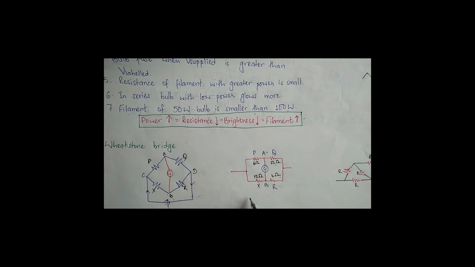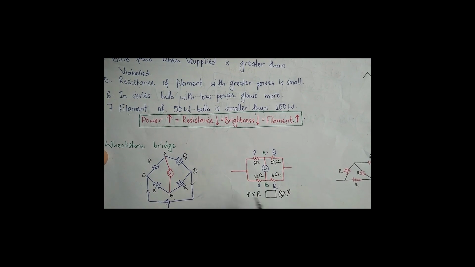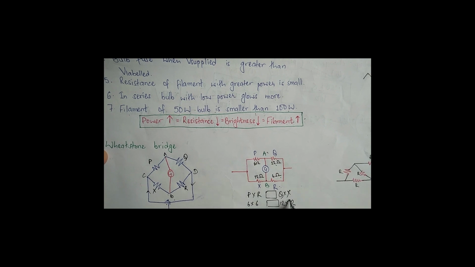Well, for this you have to check P and R crisscross, the P into R relation, and Q into X. So P into R is 6 into 6, Q into X is 12 into 12. Which one is greater? Obviously this one is greater.